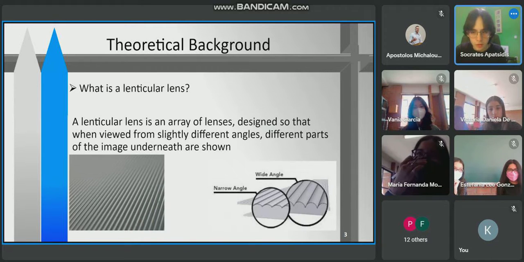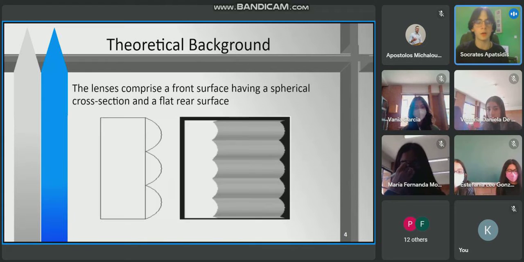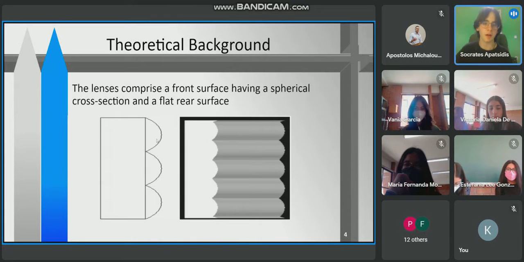That's an image where you can see a narrow and a wide angle. If you take a closer look at the lenses, they consist of a front surface which has a spherical cross section, like right here, and a rear surface which is basically flat.